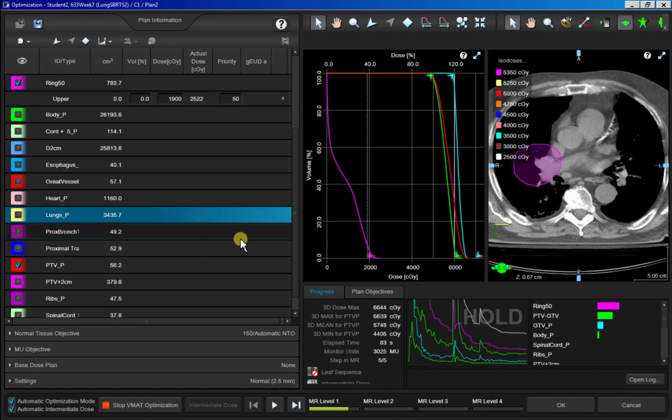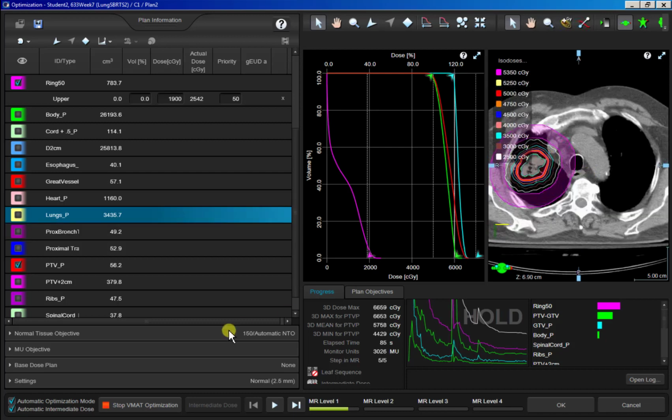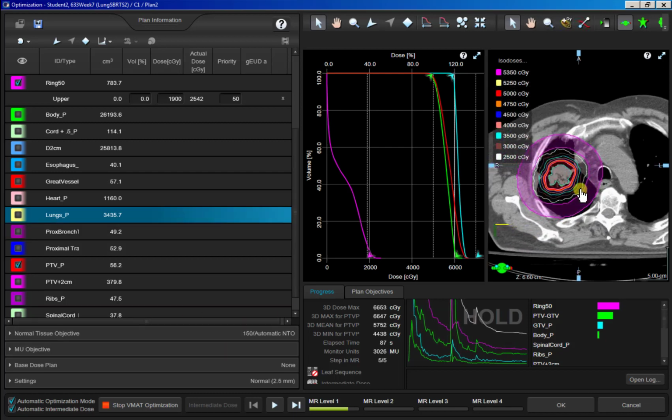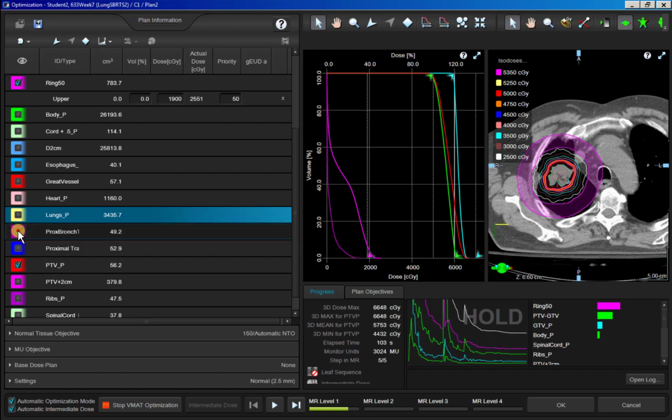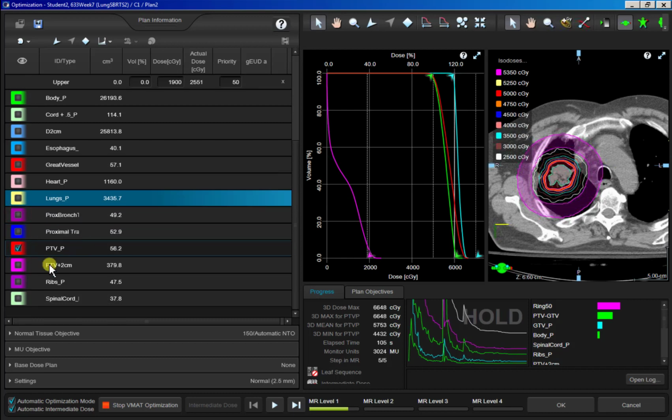Lungs is one of those things: if you're pushing hard enough on your NTO and hard enough on your rings, you're not going to be able to do much with your lungs. Your lung kind of is what it is. Usually there's a V20 constraint or a mean dose constraint. If you plan this way, you won't be able to do much with your lungs. Your lungs kind of are what they are. All these OARs look pretty good.